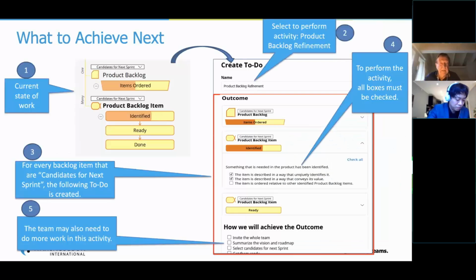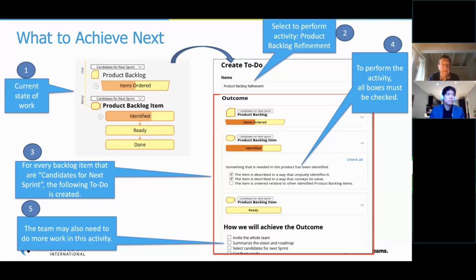So we have here a tool with which you can get to-do lists suggested by the tool. Assume you have a product backlog, and to the left here you see product backlog and you see items ordered. You see that only half of it is ordered. It means we have not identified all items yet that are in the backlog. And then you have product backlog item.